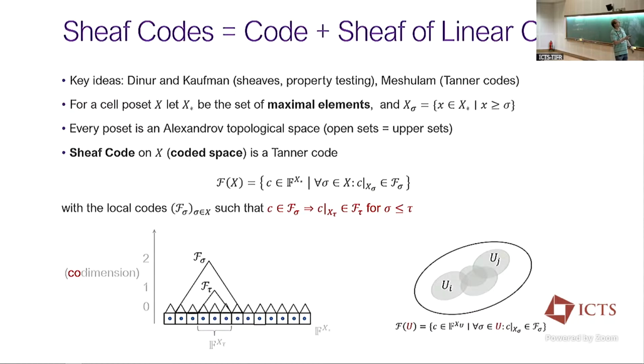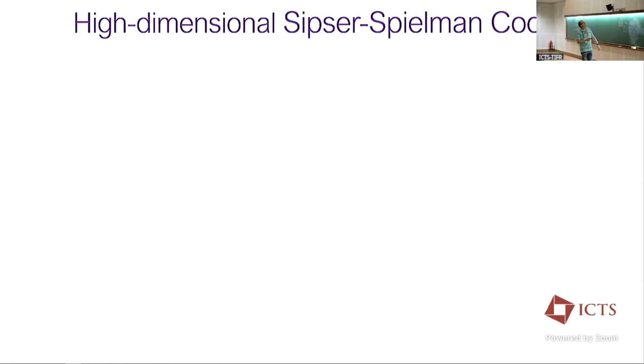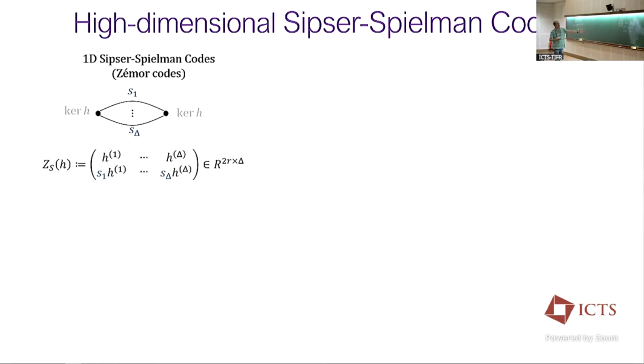And now I want to describe this high-dimensional version of these Sipser-Spielman codes. So first, let me briefly describe what is usually called Zemor codes. It is not a very well-known concept.